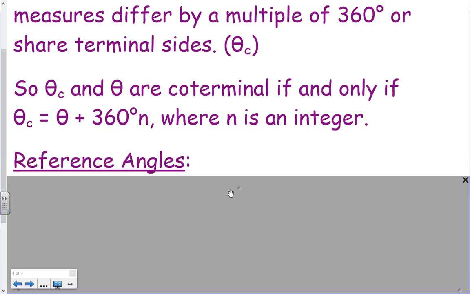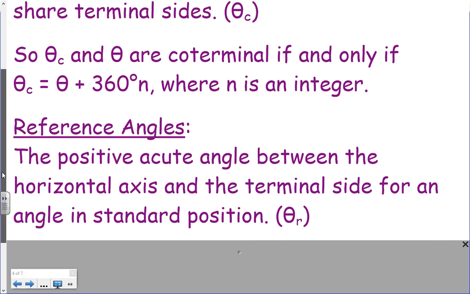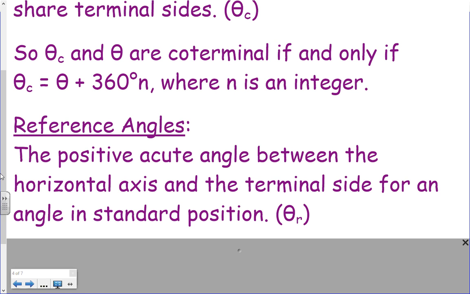The other type of angle that we need to understand and work with is what's called a reference angle. Reference angles are the positive acute angle between the horizontal axis and the terminal side for an angle in standard position. The name that we'll use to describe that will be theta sub r.